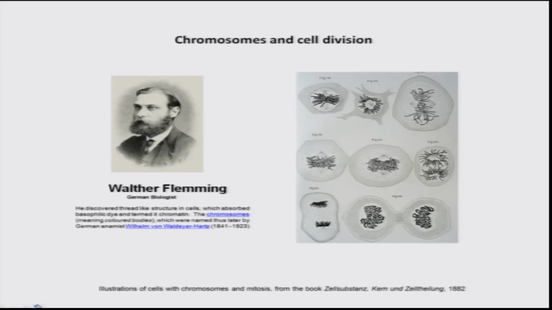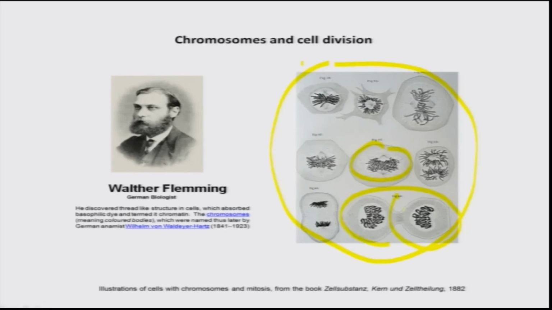Because of the soft tissue, people are able to press the tissue and stain it, and they are able to see the chromosomes. This is one of those classic pictures wherein this person is able to stain the chromosomes, look at them under the microscope, and make hand-drawn pictures which give all the details: what the stage is, this is metaphase, the cell is about to divide here, and so on. We are able to tell that they represent different stages of cell division, but he showed them so beautifully that we have understood.